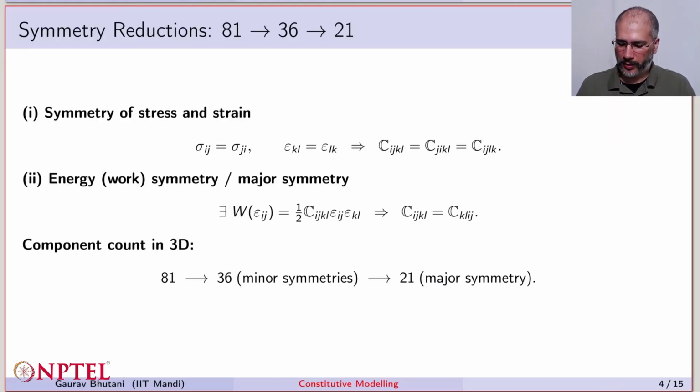So finally, we have shown that because of the minor symmetry, that is symmetry of sigma and epsilon, we get to 36, and because of the major symmetry, that is because of the existence of a work potential, we get a total of 21 unique components left in the fourth order tensor Cijkl.